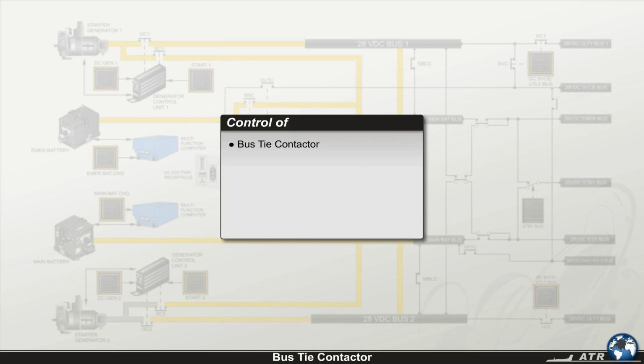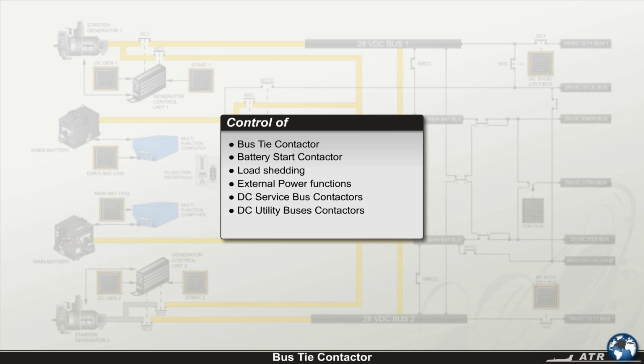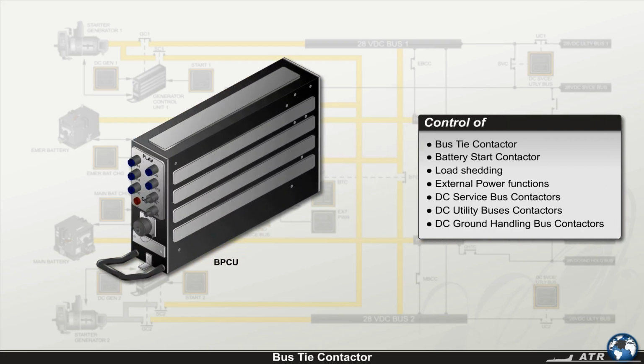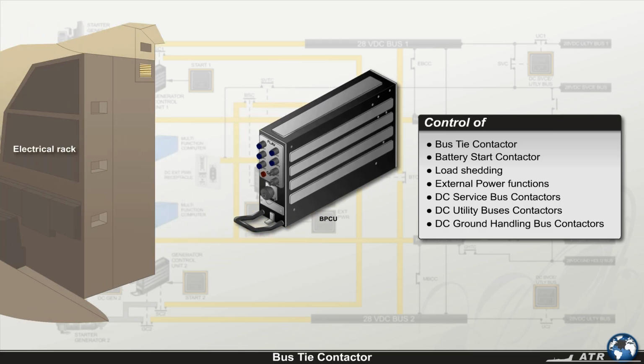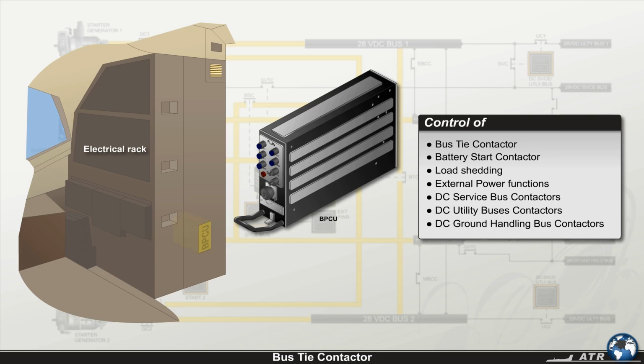Control of the bus tie contactor, as well as control of the battery start contactor, load shedding, external power functions, DC service bus contactors, DC utility buses contactors, and DC ground handling bus contactors, is performed by a single bus power control unit, BPCU, installed in the electrical rack.